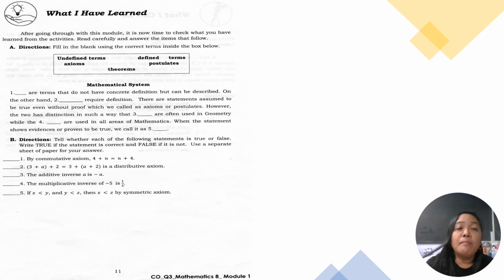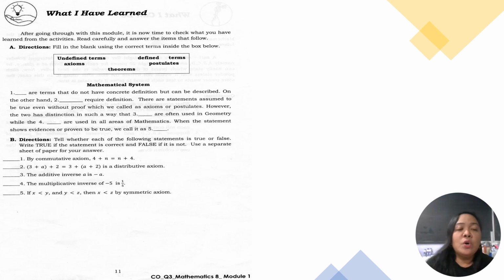From there in the box, I want you to fill in the blanks using the correct terms that can be found inside that box. So, on the mathematical system, there is a statement there and there are blank numbers that you need to fill in.